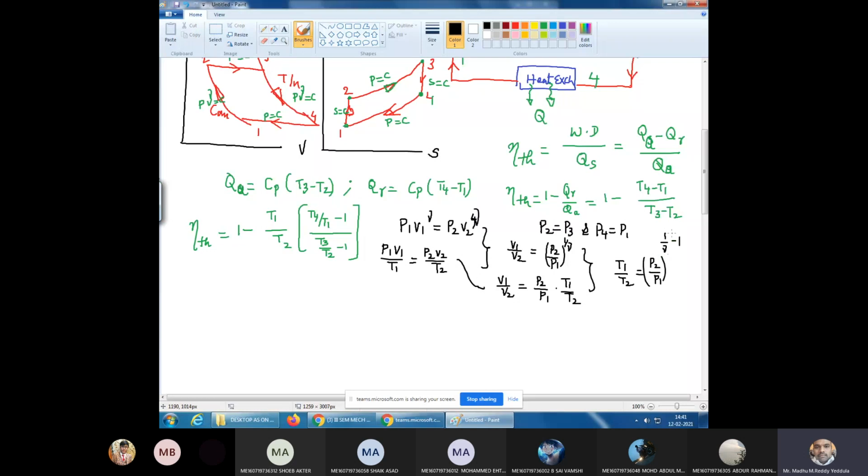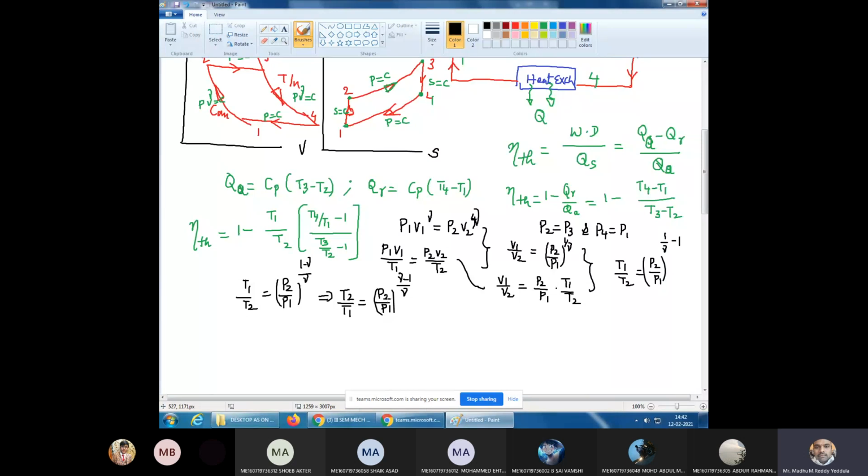Right. So if you take 1 minus gamma by gamma, I can write T1 by T2 is equal to P2 by P1 power 1 minus gamma by gamma. Or I can reciprocate this and write T2 by T1 is equal to P2 by P1 power gamma minus 1 by gamma. Clear so far? Yes, sir. Right.